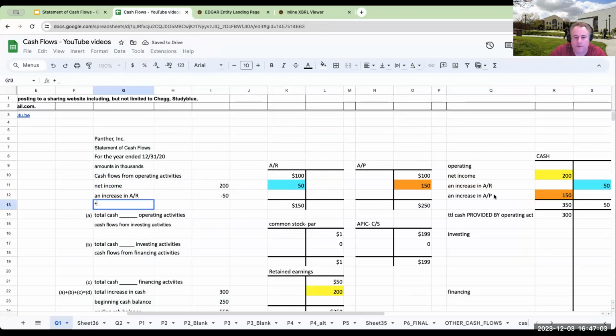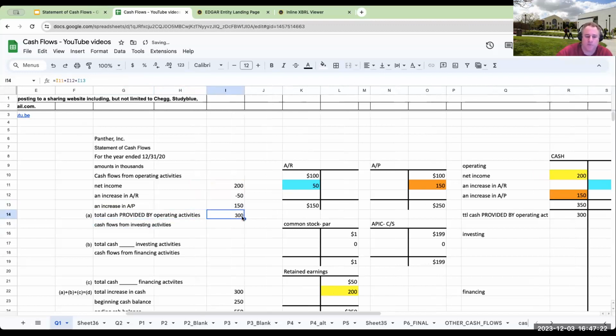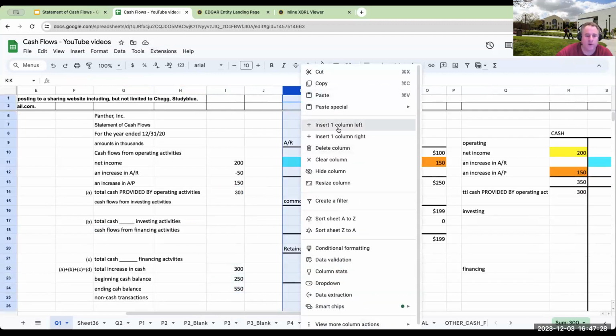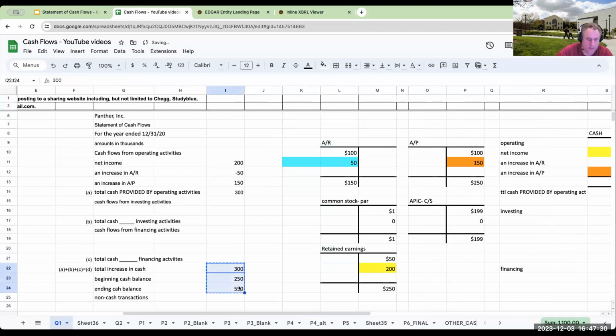Over here, an increase in accounts payable, I'm going to show this as a debit. So my total for operating activities, because it's positive, not negative, is going to be provided by operating activities. So my 300 equals my 300 right over here, and we can move things around to make this a little bit more clear.